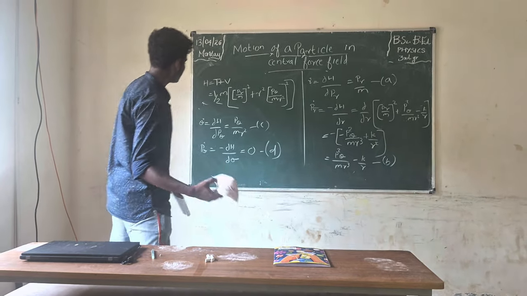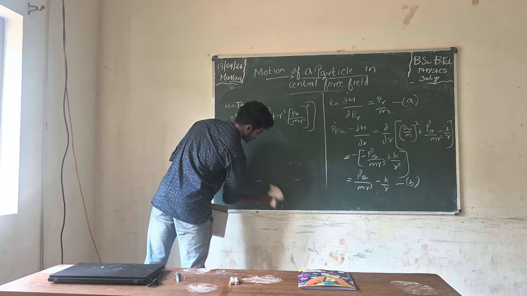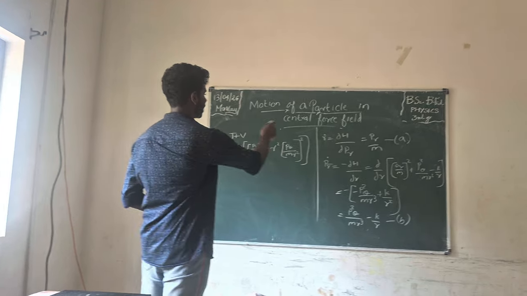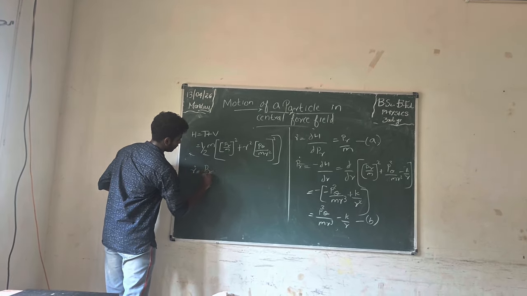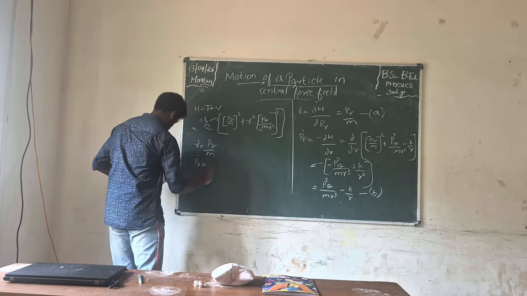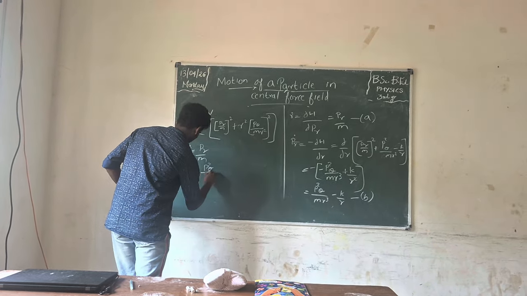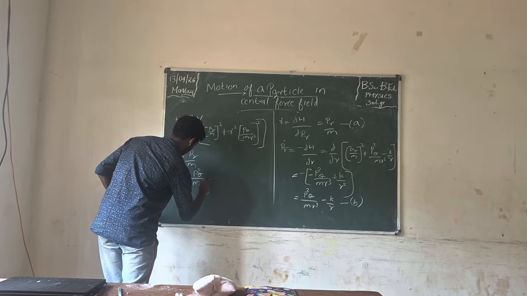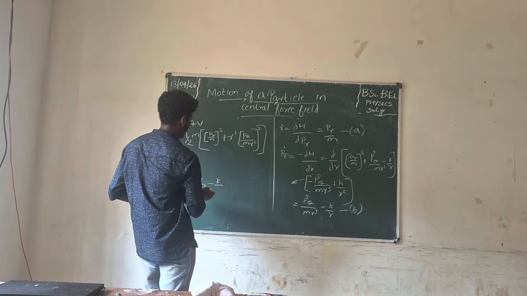Now, from the equations A and B, which are equation A: R dot is equal to PR by M and PR dot is equal to P square theta by M R cube minus K by R square.